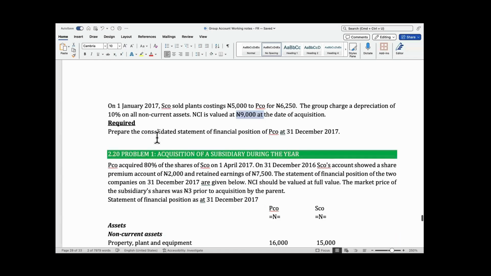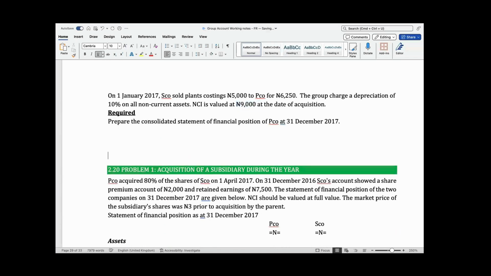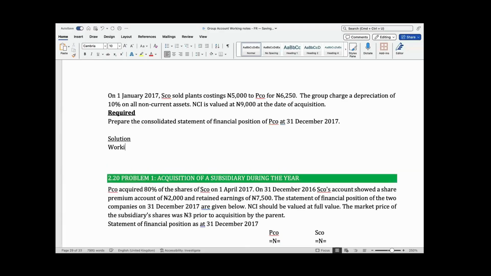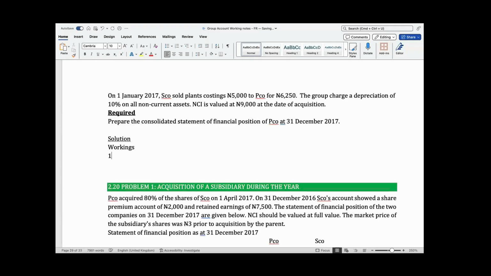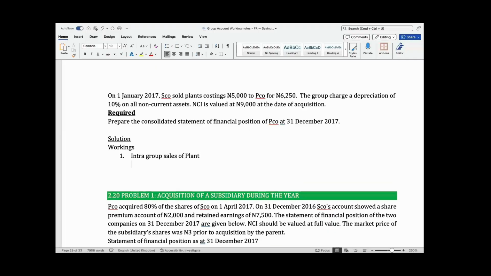So for this, there was an intragroup sale of plant. Our concern is to remove the unrealized profit.